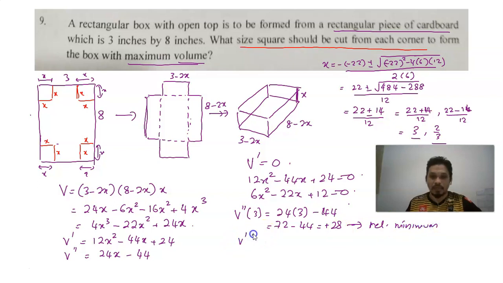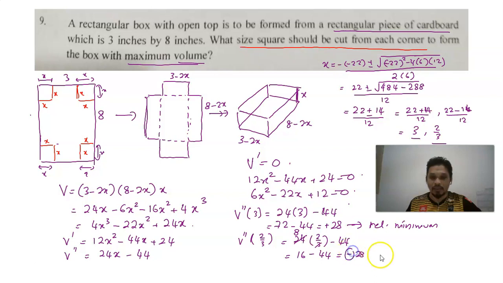And then v double prime, when x equal to 2 over 3, then 24 times 2 over 3 minus 44. 24 divided by 3, 8, 8 times 2 equal to 16 minus 44, negative 28.